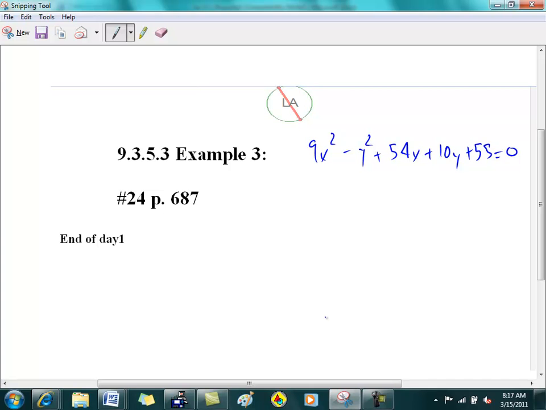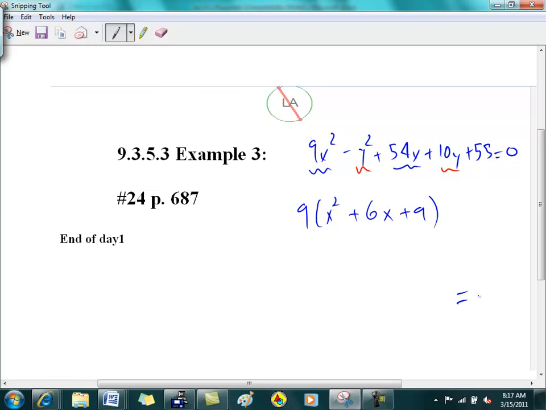Complete the square, which means that you're going to combine this term and this term, and combine this term and that term. To do the blue stuff, I'm going to pull a 9 out. I get x squared plus 6x plus 9. Everybody see the 9?